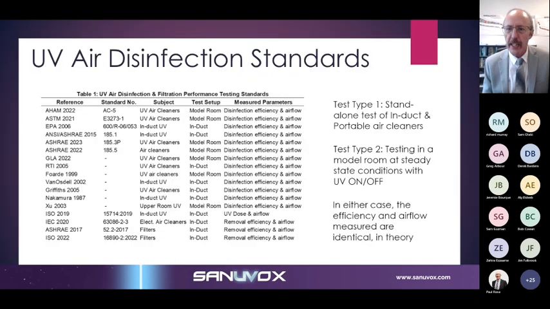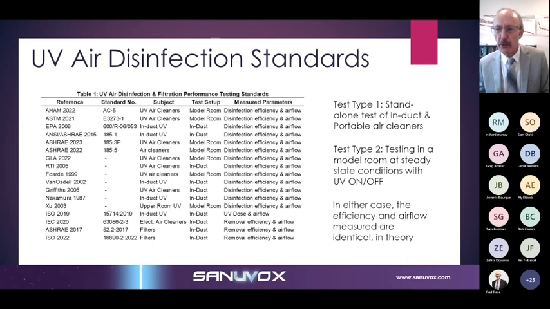There are many UV air disinfection standards, also for filters and electronic air cleaners. For all these standards, we measure disinfection efficiency as a performance parameter, and airflow. There are 2 types of tests. Test type 1, for an in-duct system or portable air cleaner, merely measures the efficiency across the component and ignores what it does to the room.